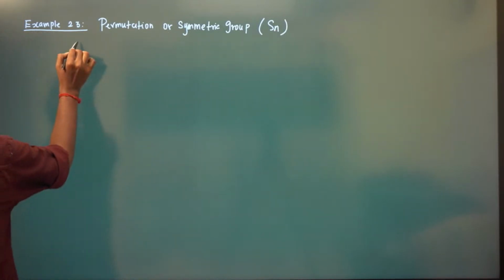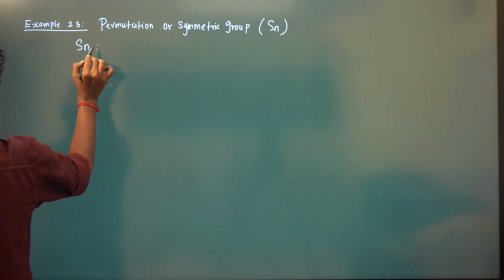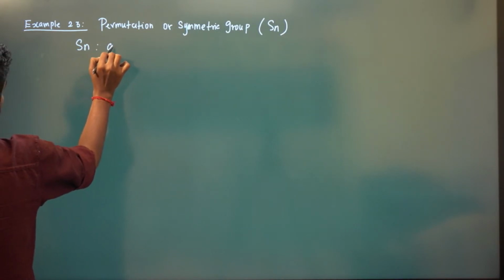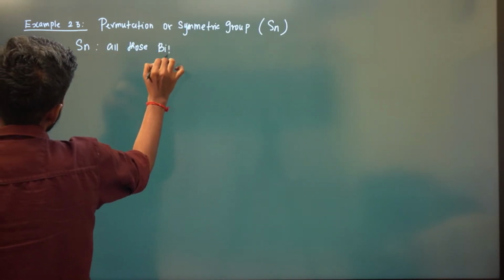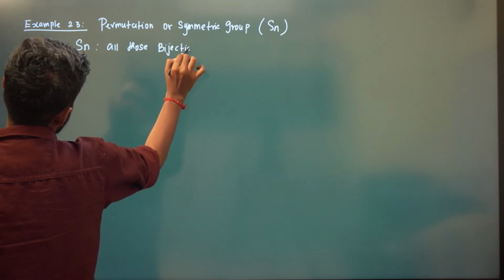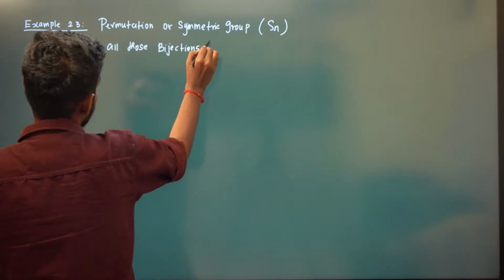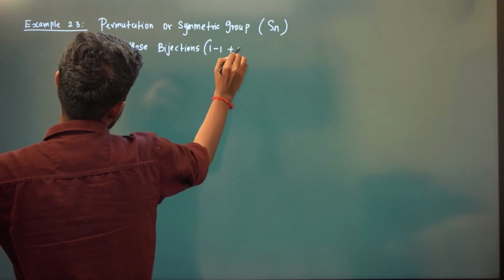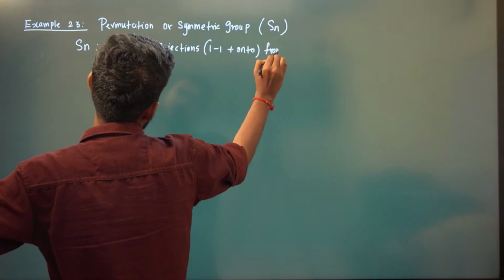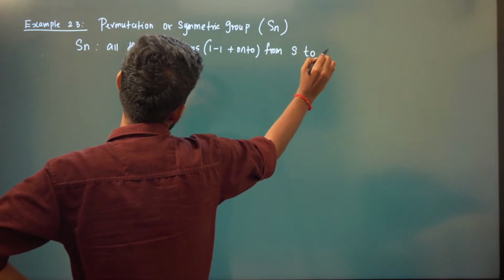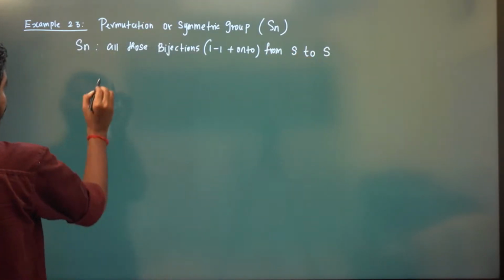Sn is nothing but all those bijections. Bijection means one-to-one plus onto.